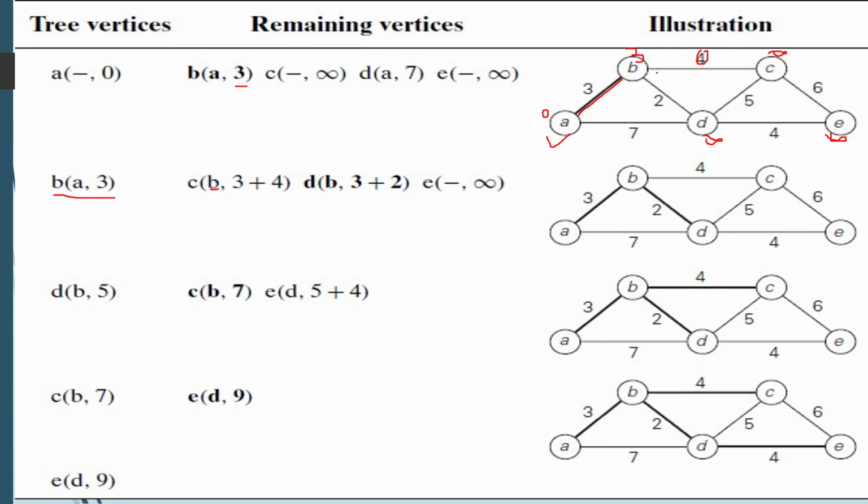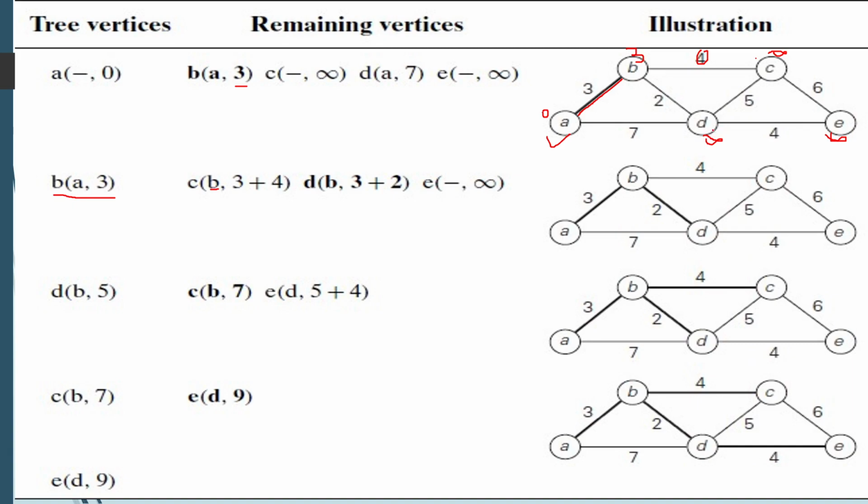That is A to B and B to C. But the path distance you have to calculate from where? From the source. That's why you have to take it as 3 plus 4. A to B is 3 and B to C is 4. That's why it is 3 plus 4 here.